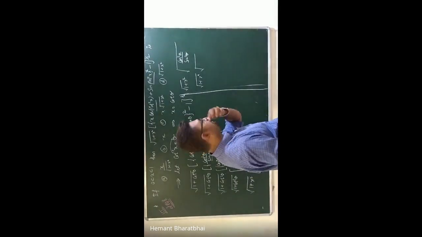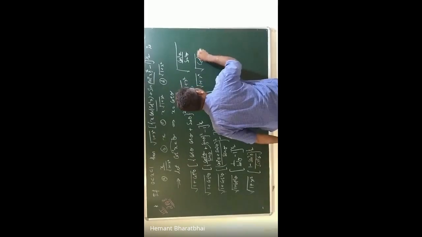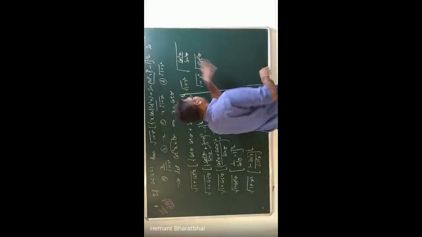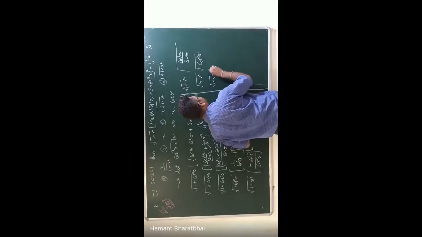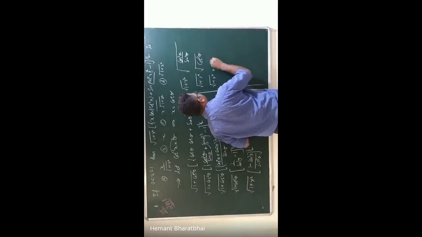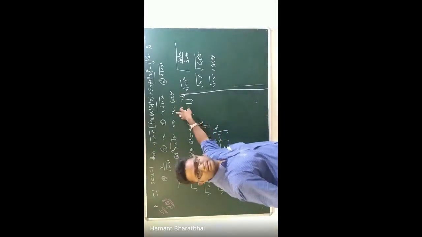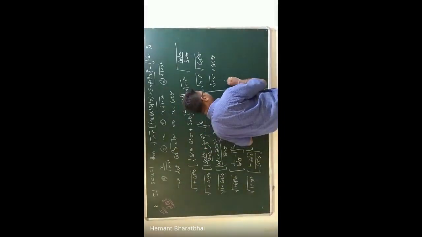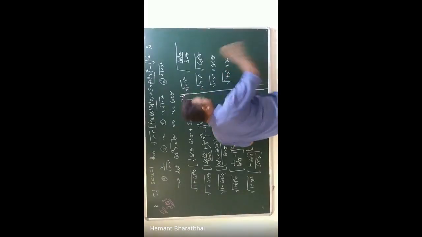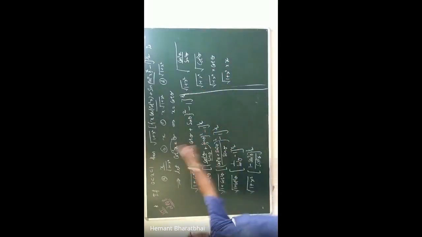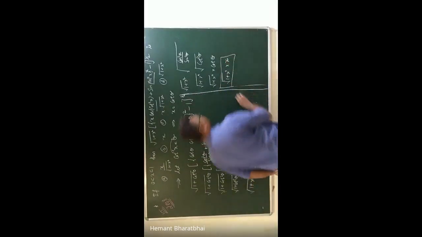So cos by sine is cot, so this will become cot square theta. So square and square root will get cancelled. So I'll get under root of 1 plus x square into cot of theta. And cot theta is nothing but x. So I get over here under root of 1 plus x square into x. So yes, option number C. So we get the answer as option number C.